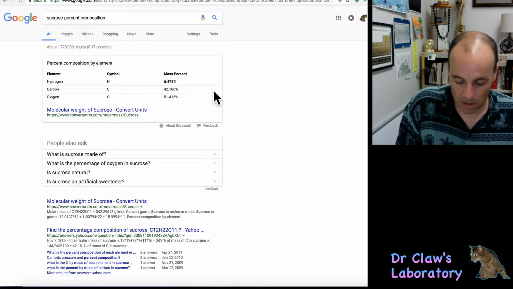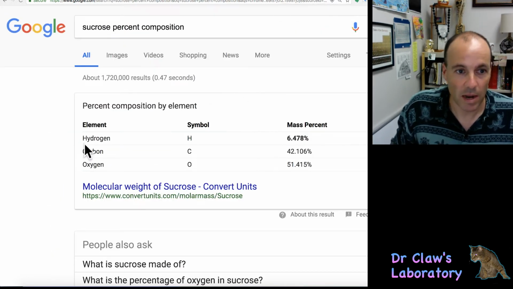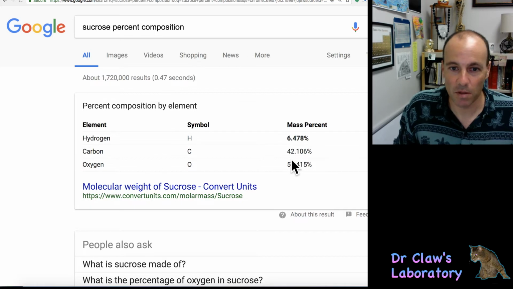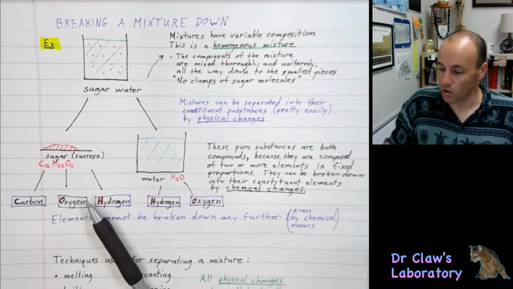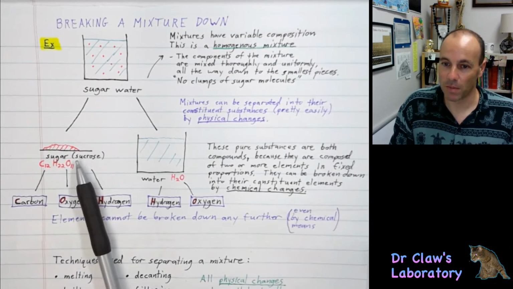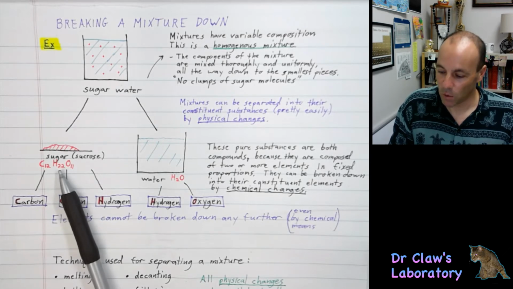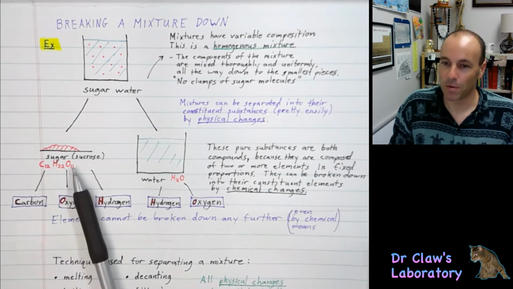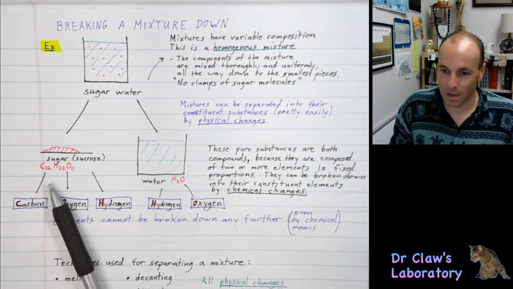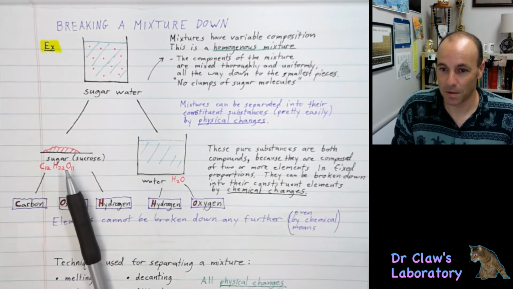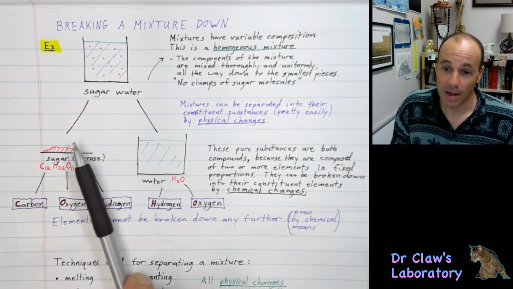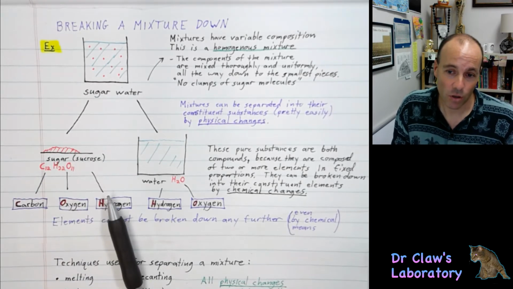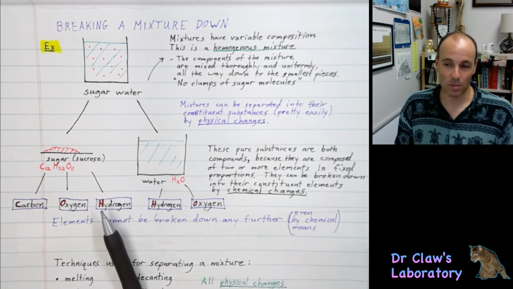It looks like it's hydrogen 6%, carbon 42, oxygen 51. So no matter where your sucrose comes from, 6% hydrogen, 42% carbon, and 51% oxygen. That's the percentages of sucrose, fixed percentage, right? So carbon, oxygen, hydrogen.